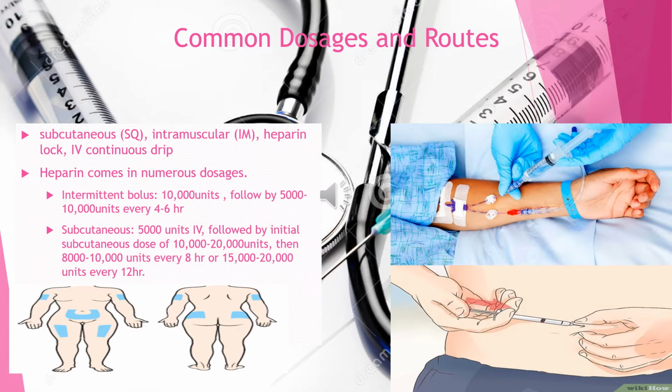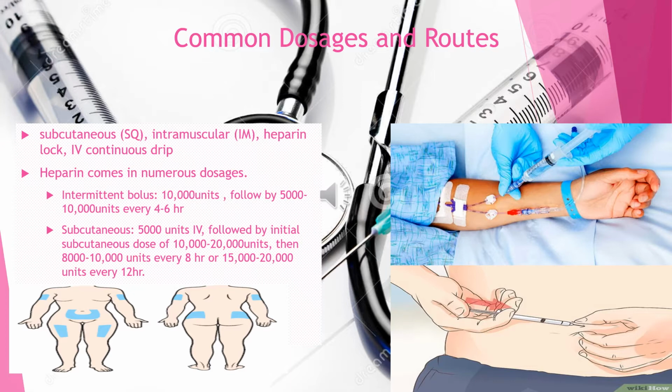The next slide talks about the common dosage and route of heparin. Heparin can be given in various ways, such as subcutaneous, intramuscular, heparin lock, IV continuous drip. Heparin comes in numerous dosages. For example, intermittent bolus is 10,000 units, followed by 5,000 to 10,000 units every 4 to 6 hours.